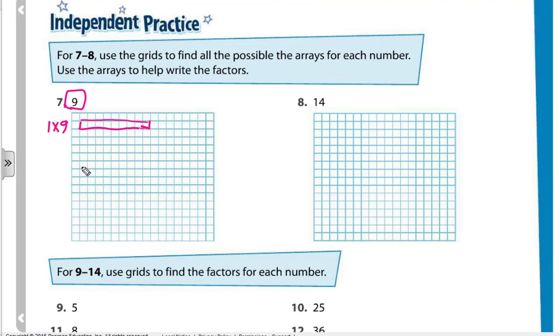Okay. What else can we do? Of course, you can change places. So it will be 9 multiply 1. Okay, let's do this. I will do 9. 1, 2, 3, 4, 5, 6, 7, 8, 9.